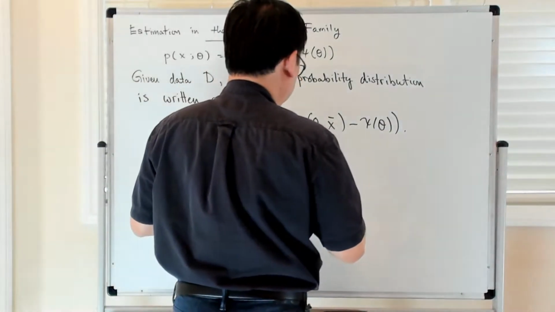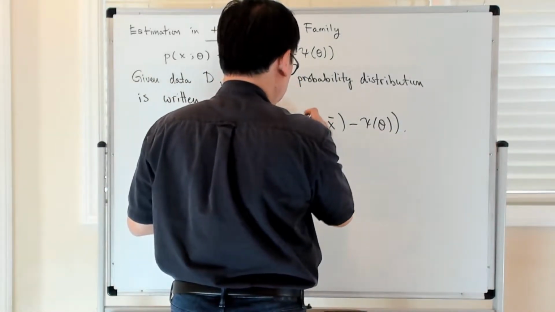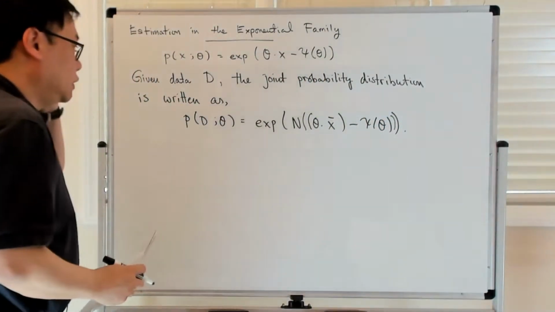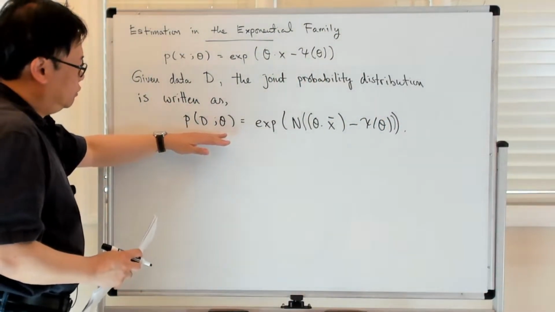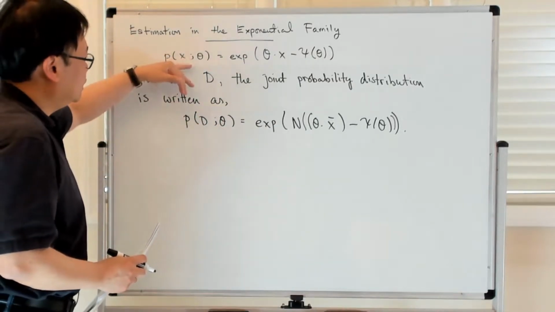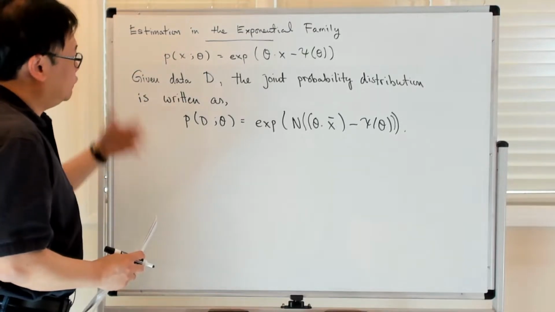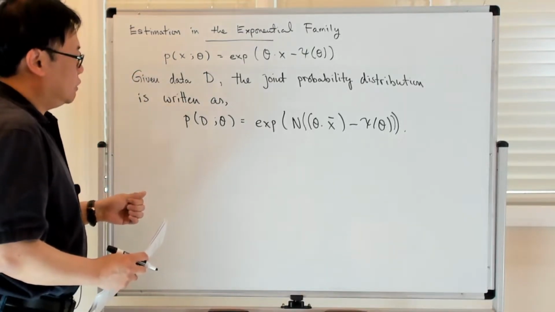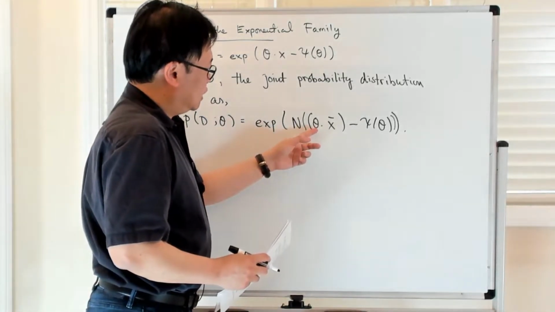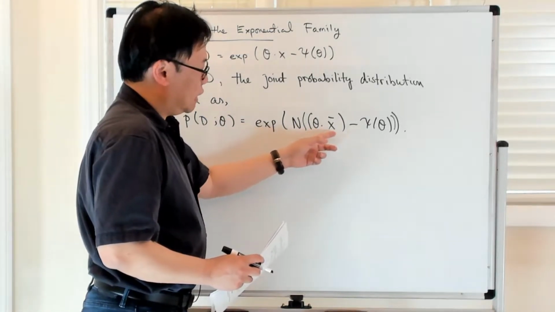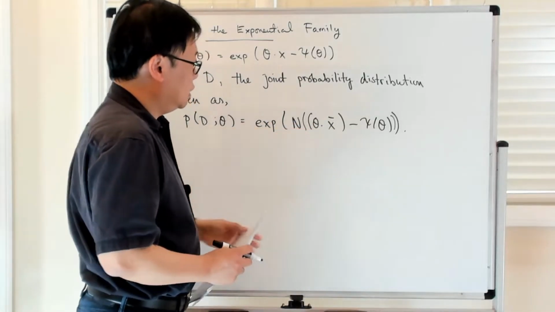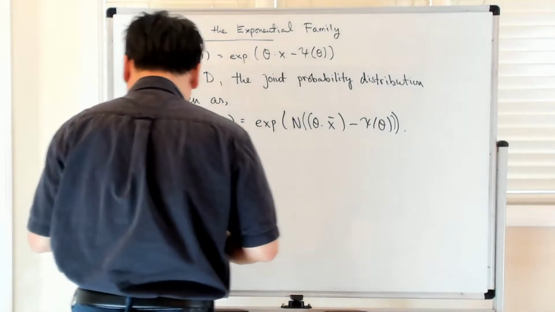The n is multiplied into the normalization factor as well. That's just because the joint probability distribution is given by the product of the individual probability distributions for each of the xi's, and I'm writing the sum of theta dot xi terms as theta dot x bar times n. That's the only thing I'm doing here.